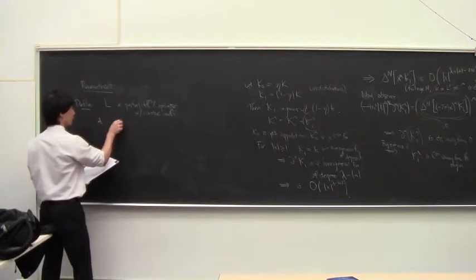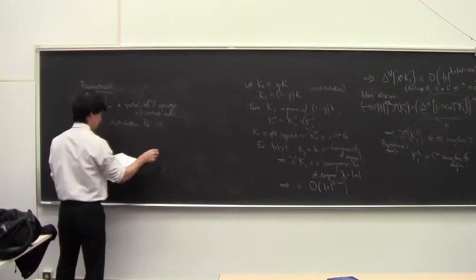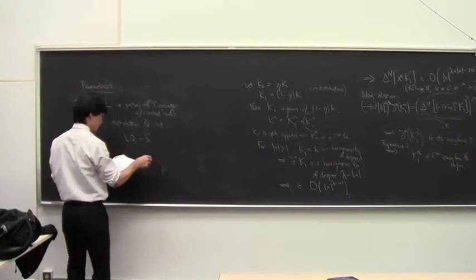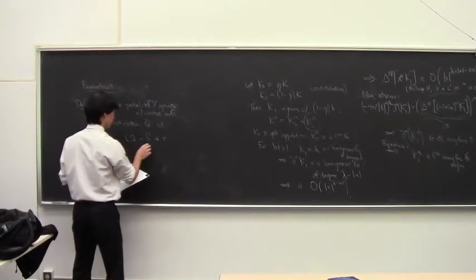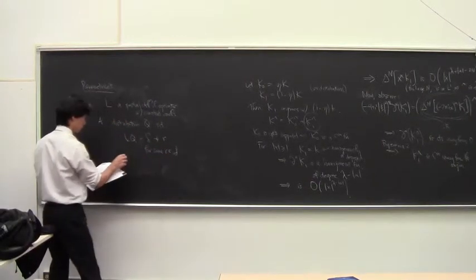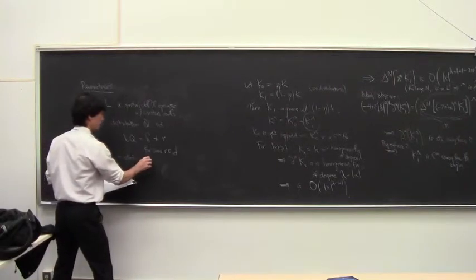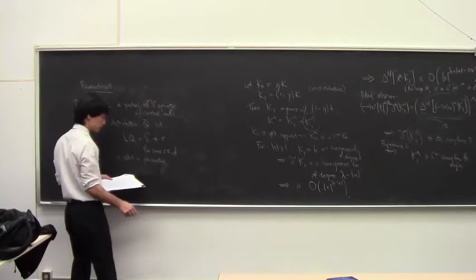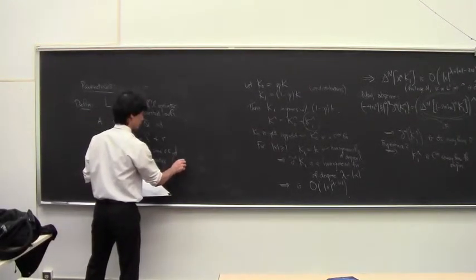A distribution Q such that LQ equals the Dirac delta plus R, for some R in the Schwartz class, is called a parametrix, or an approximate fundamental solution.